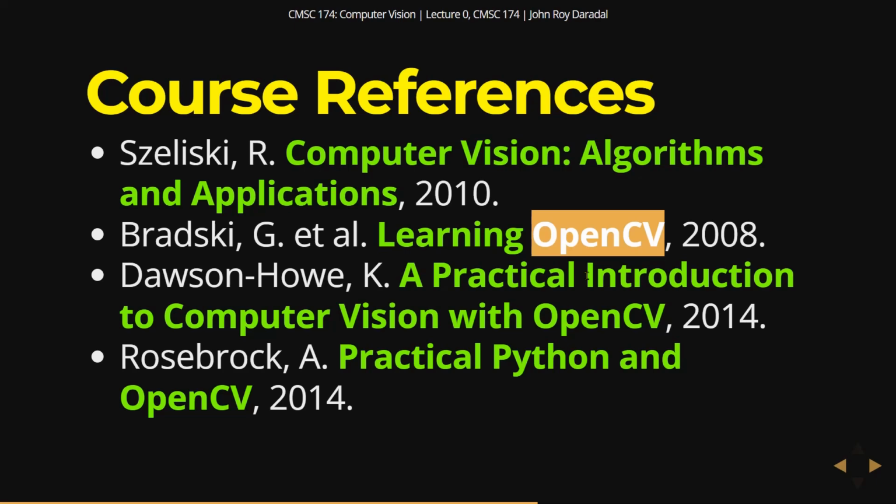So Learning OpenCV, Practical Introduction to CV with OpenCV, and then Practical Python and OpenCV. So if you are the type to learn from books, then these are the main references, but usually our references would just be the docs from the OpenCV, the updated docs from the current version or whatever version you are using.